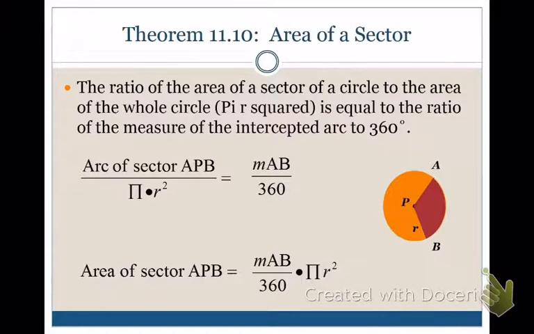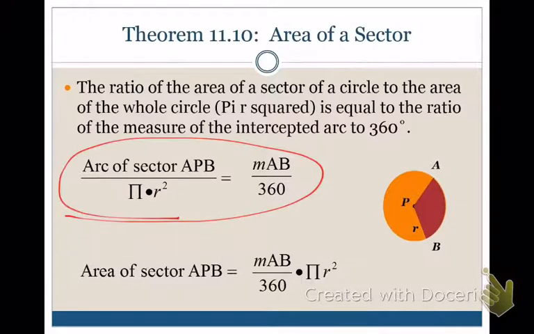Again, I'm going to keep using this proportion. If you wanted to just find the area of a sector, then you could multiply both sides by pi r squared and just use that. But because I never know exactly what we're going to need to find, I'm going to keep using the proportion. I think that'll be a little bit easier.